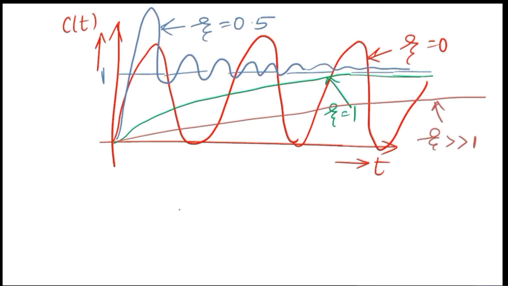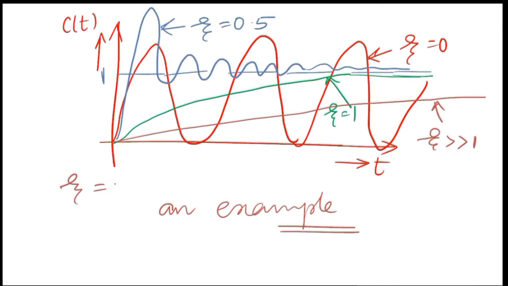This I will show you with an example. I give the plots of zeta varying from 0 to 1 in steps of 0.1 and 1 to 50 in steps of 10.